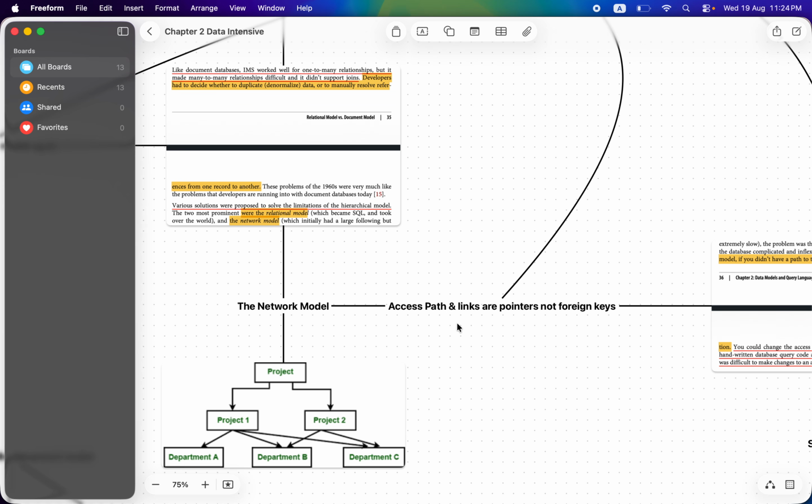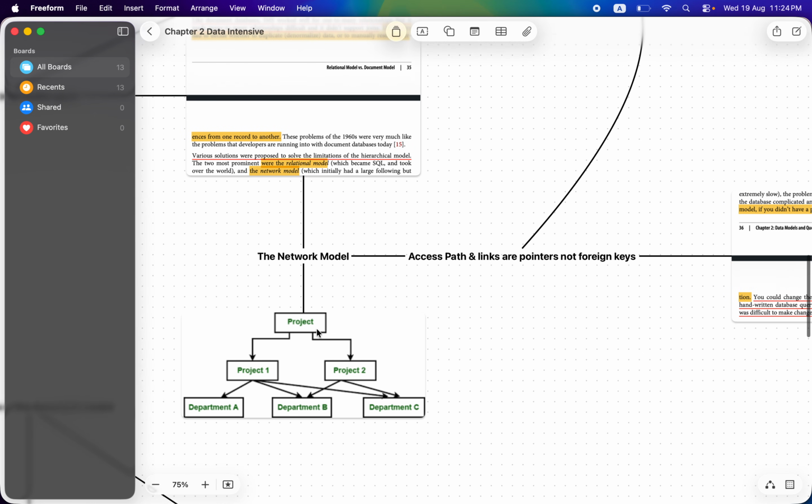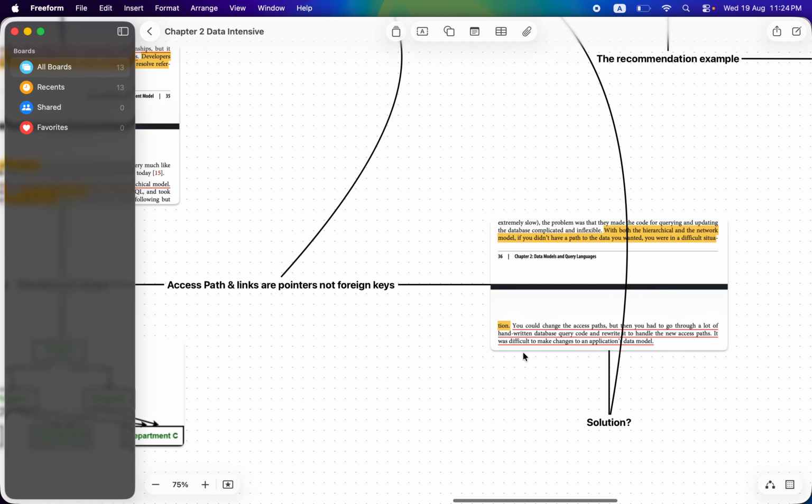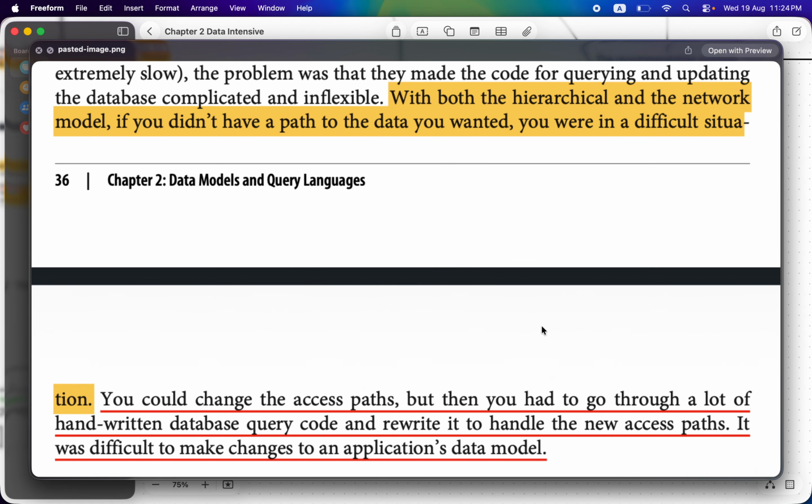We use pointers, and we have to know the access path from one child to another. That was very difficult to handle, and it was a headache to change anything in our data, because you would have to go through a lot of code changes, and yeah, it was so hard to handle.